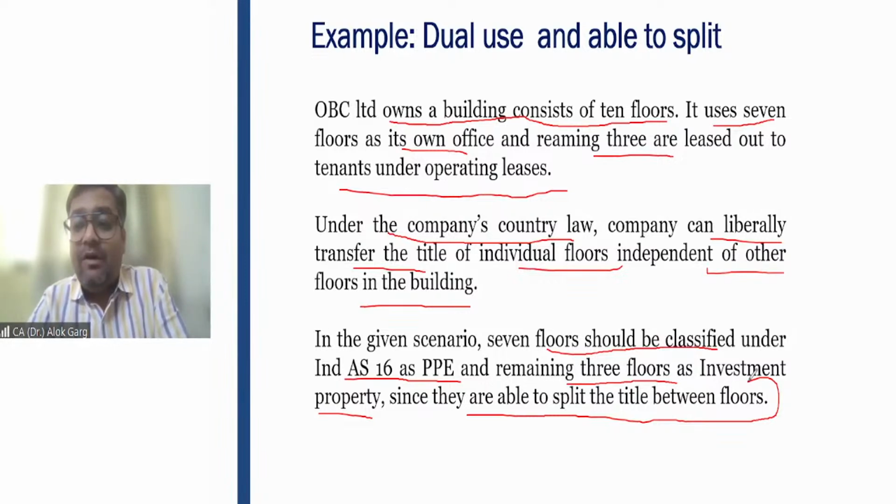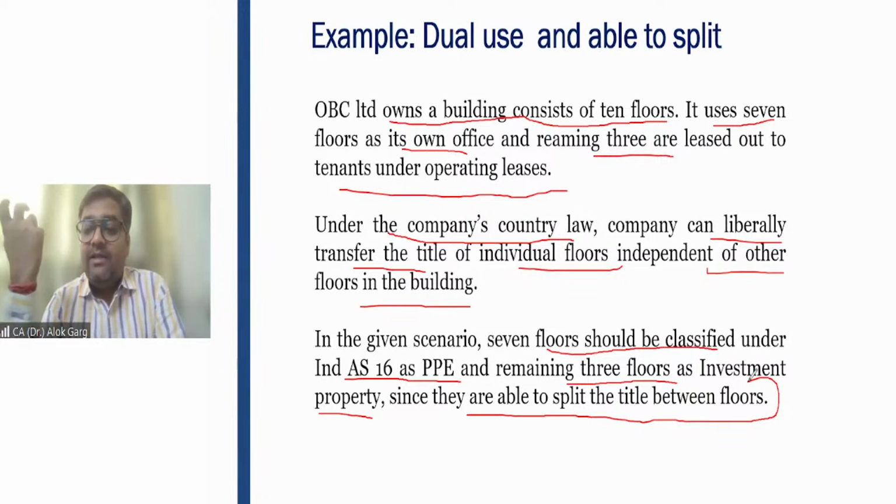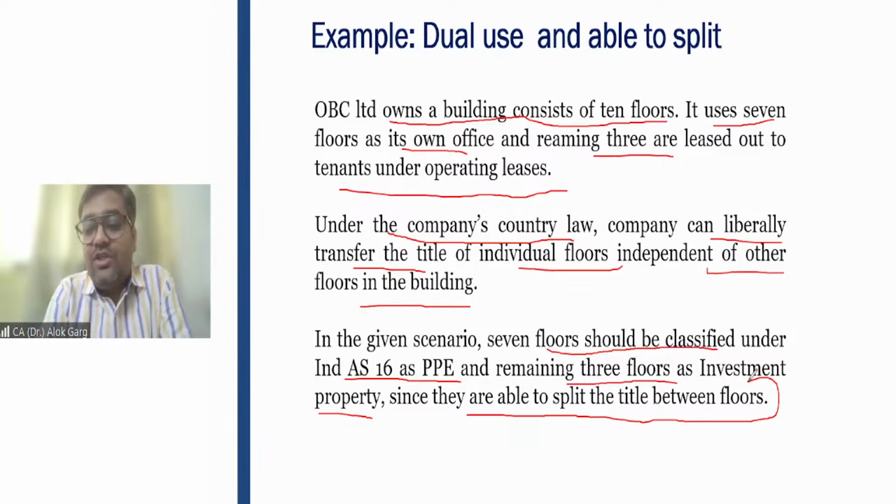It will not reflect the right picture. Why? Because tomorrow if you want to sell, you will not be able to sell because the legal title is not there. So friends, in that case, if in your question it is written that part of the building is used as investment property, meaning for rental purposes, and part of the building is used for PPE purposes, and the portions could not be sold separately, right?